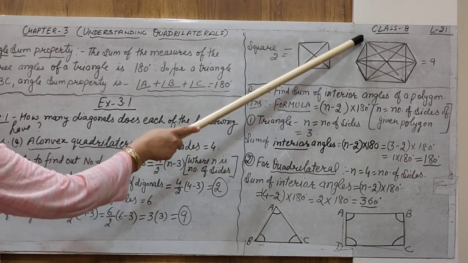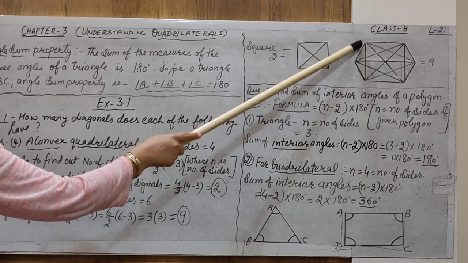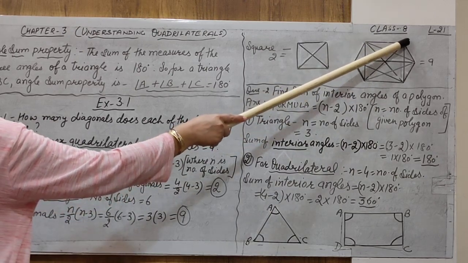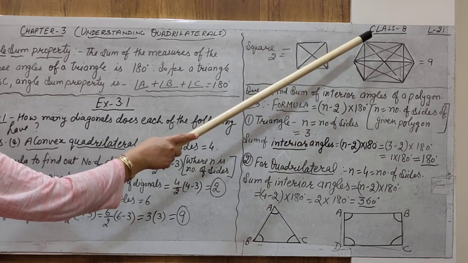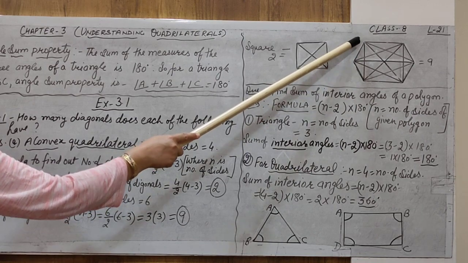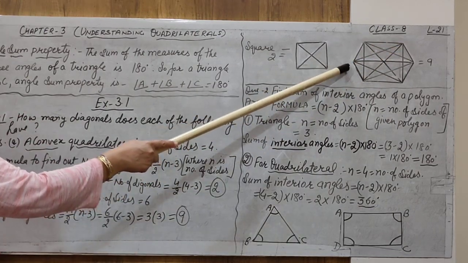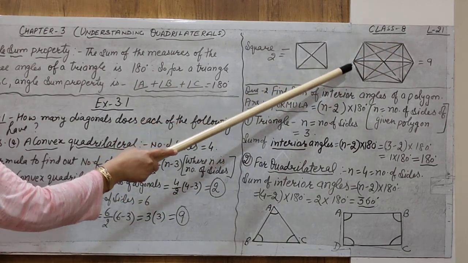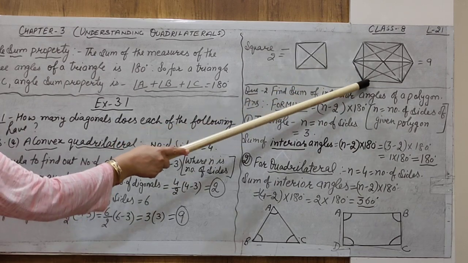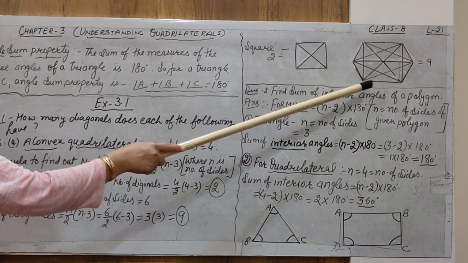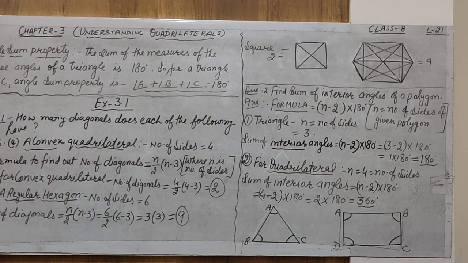Let us consider the first vertex. The next vertex to this is this one. You understand the concept that with each vertex of the hexagon, two vertices are its adjacent vertices, by which the two sides of the hexagon can be drawn.